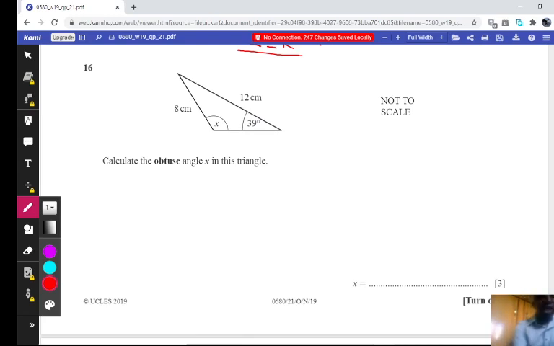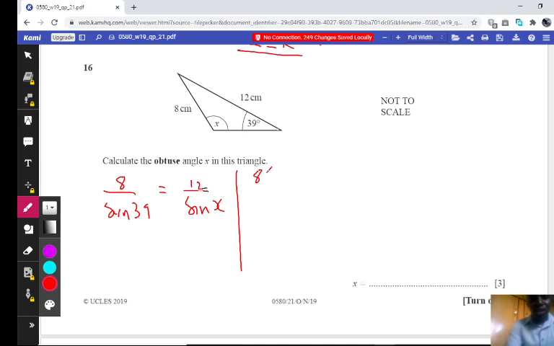By sine rule, you say 8 over sine 39 equals 12 over sine x. Then you cross multiply. If you cross multiply, you get 8 sine x equals 12 sine 39. Then what you want is x, right? Divide by 8.